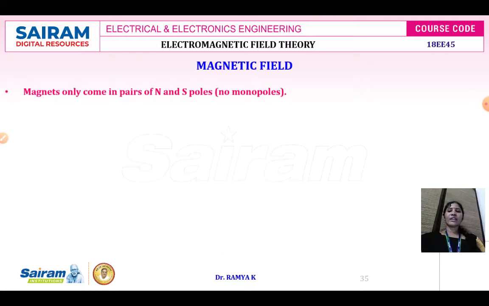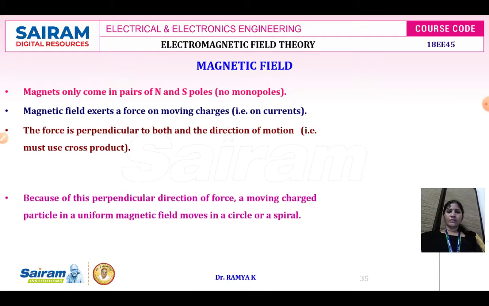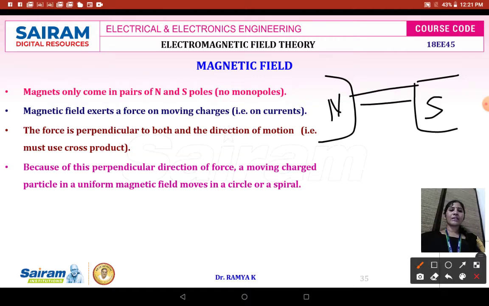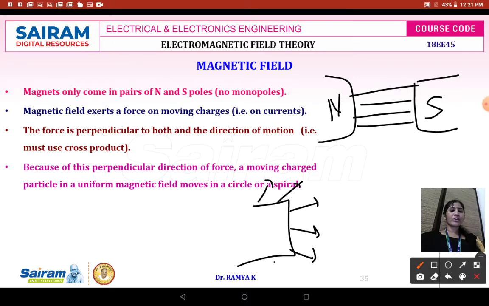Magnetic field means you can consider two magnets. One is going to be the north pole, another one the south pole. In between the magnets, the field exists. Even if you have only one magnet, around this magnet there will be a field, and that field is called the magnetic field.